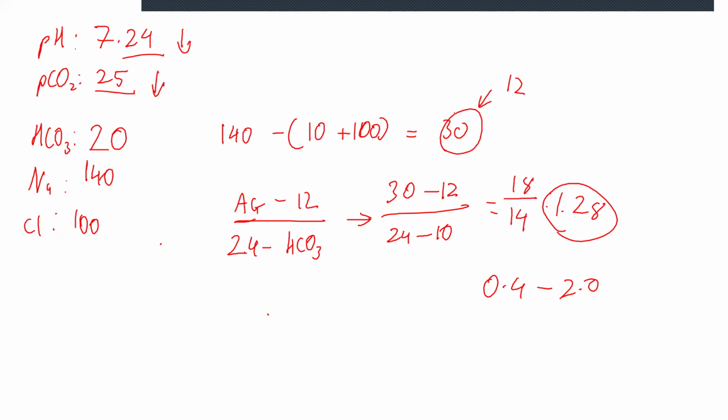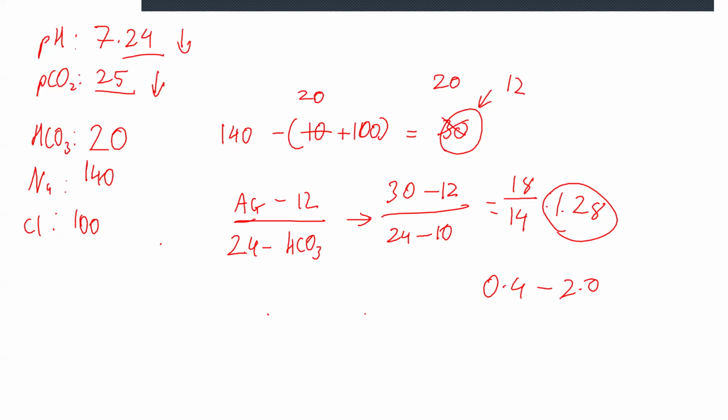Sorry, I'm sort of freestyling the numbers here. Okay, perfect. Now this will change. So again, instead of 10, it's now 20, which will make our anion gap into 20. Okay, this is still high since it's above 12.